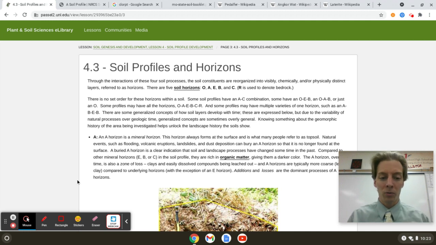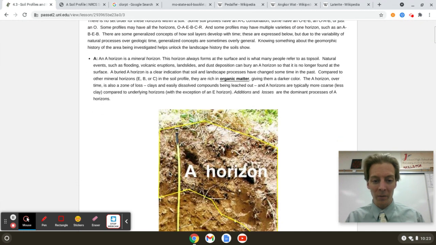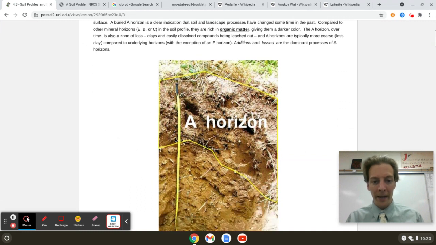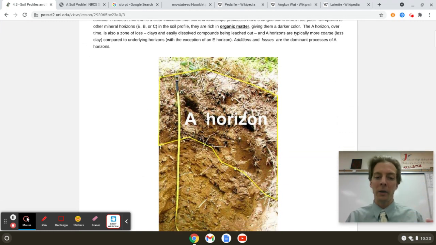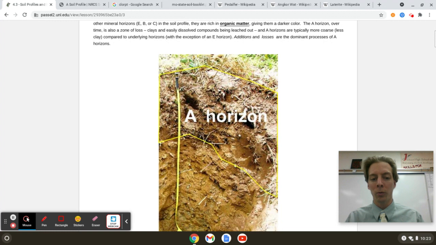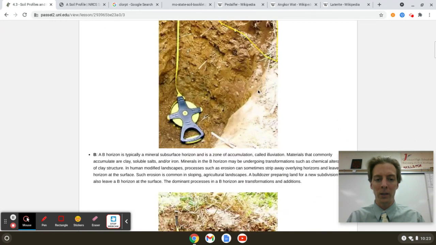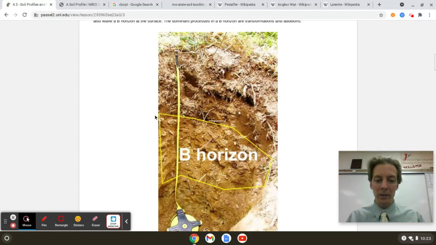All right, so let's scroll down. A horizon. This is not the best A horizon picture, but it shows you've got some grasses, and it's loose, not usually compact, good growth, it's got organic matter, all sorts of stuff going on. That's the A horizon. The B horizon starts down here.